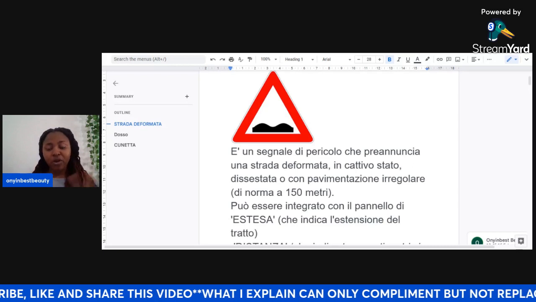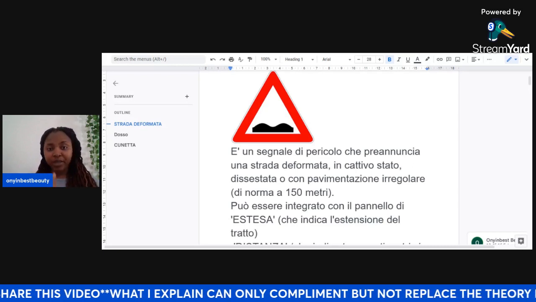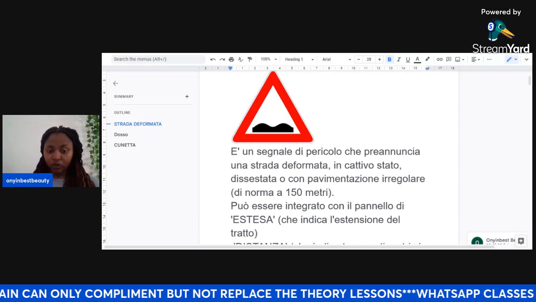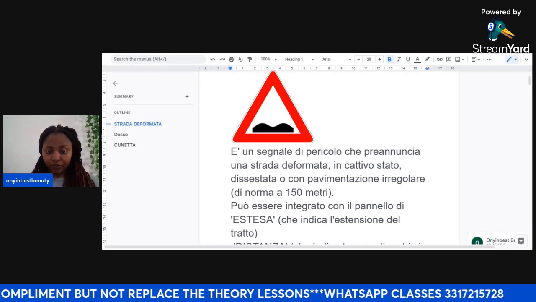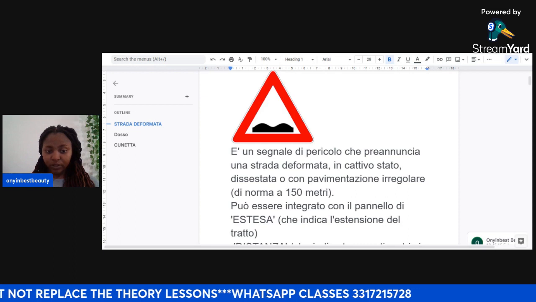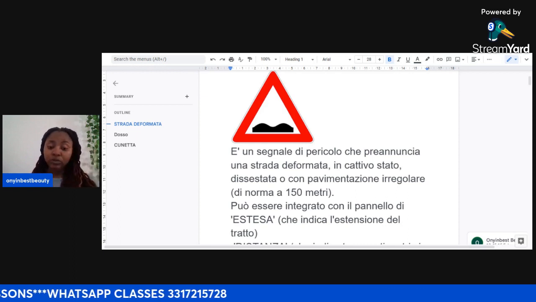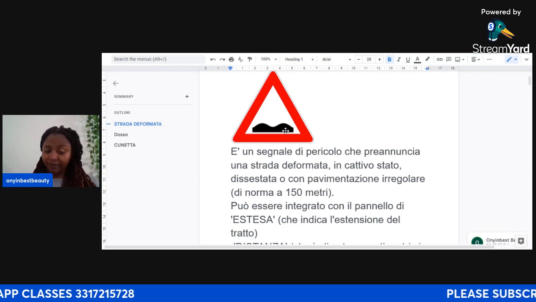And 4, strada con pavimentazione irregolare. Just as seen in this picture: deformata, in cattivo stato, dissestata, con pavimentazione irregolare. These are the 4 names you can know this particular strada by.